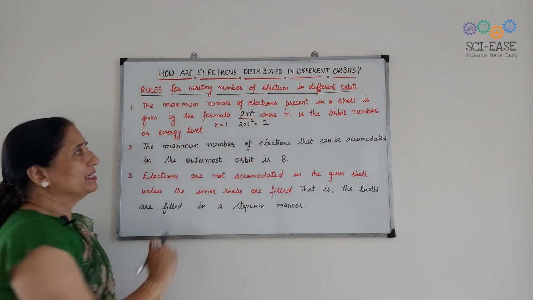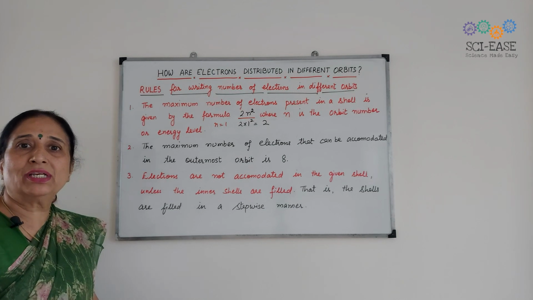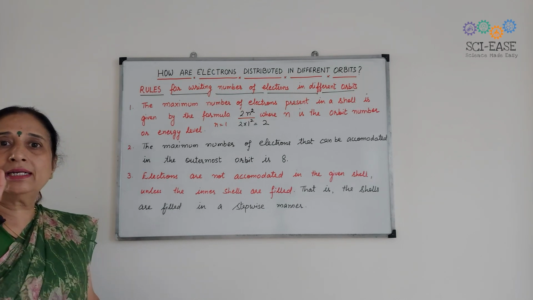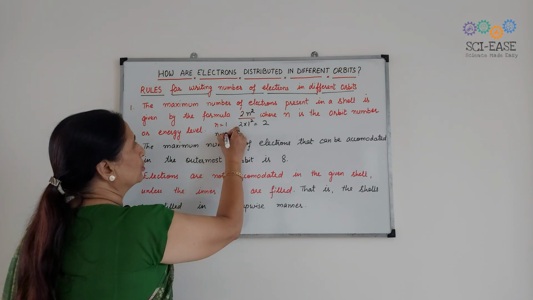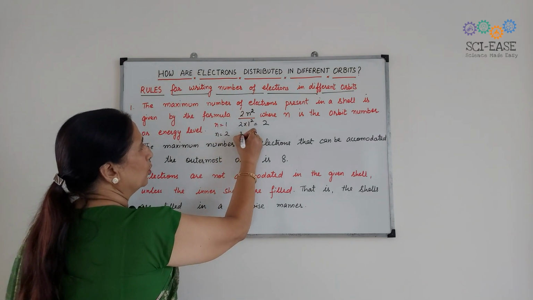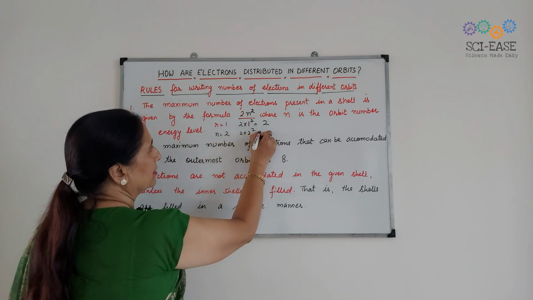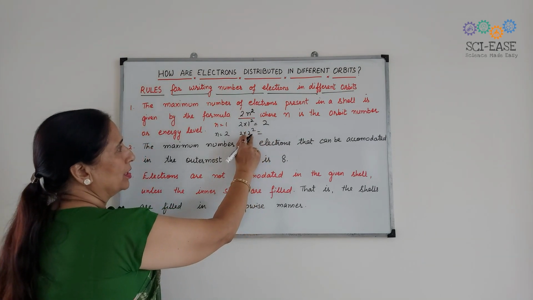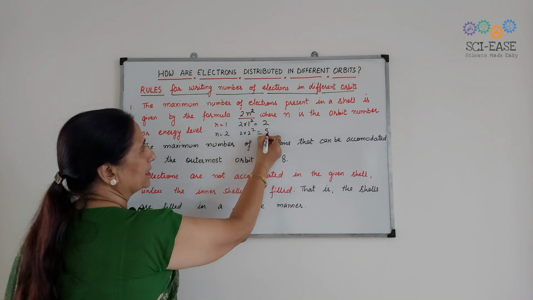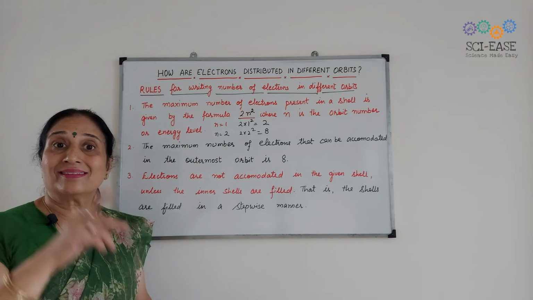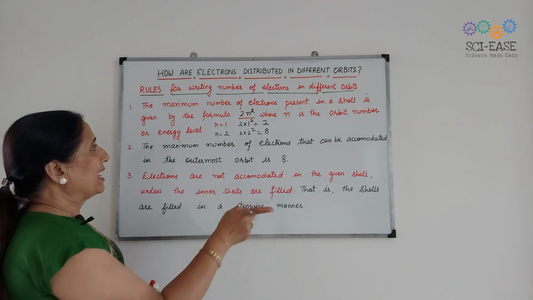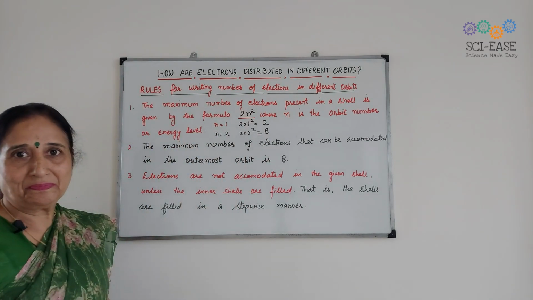So in the first shell, the maximum number of electrons that can be accommodated is 2. When n is equal to 2, that is 2 multiplied by 2 square, that is 4, 4 2s are 8. So the maximum number of electrons present in the second shell is 8.